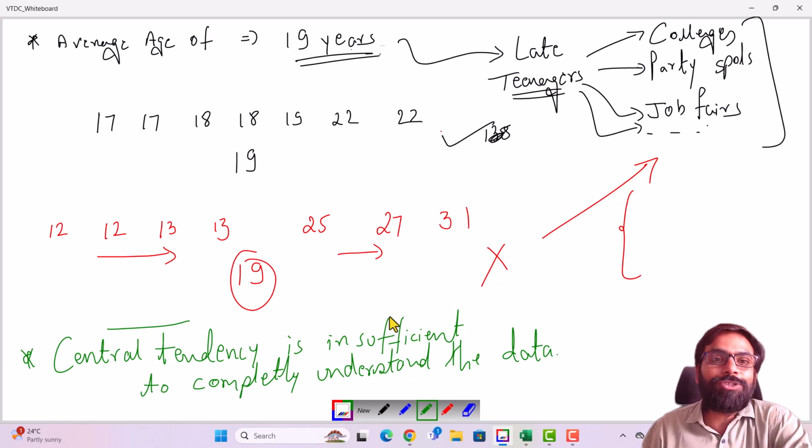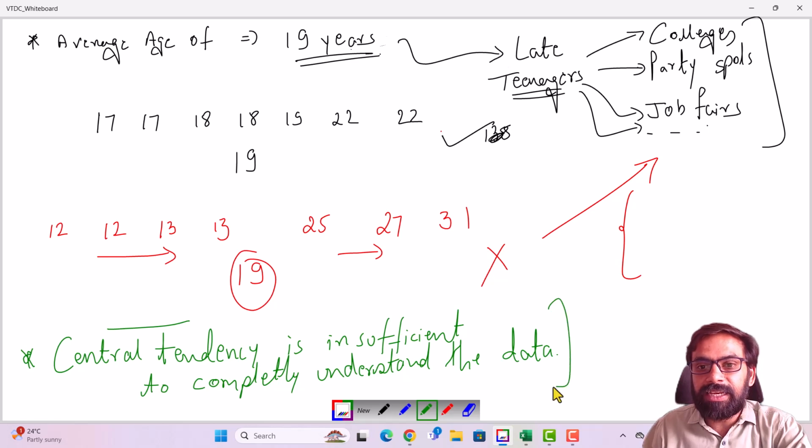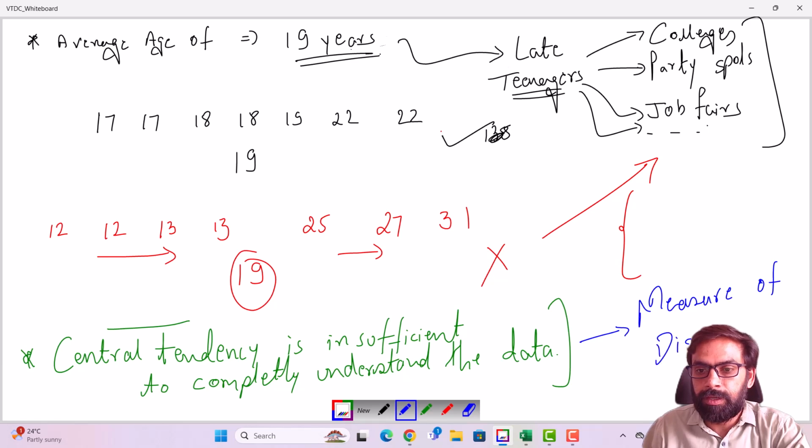So what should it be? How should I understand my data more is basically our next topic, which is measure of dispersion. Might I remind you that in this series we are looking at the entire descriptive statistics, which is helping you to understand your data.